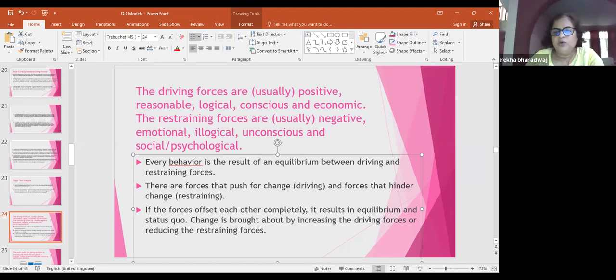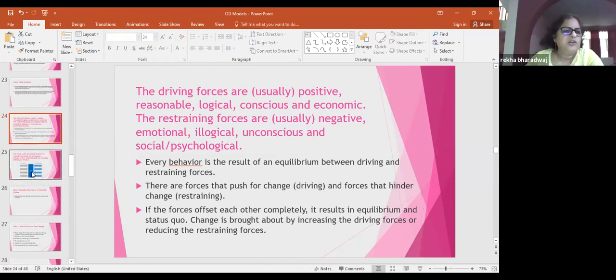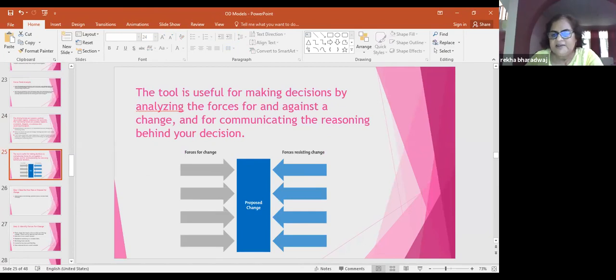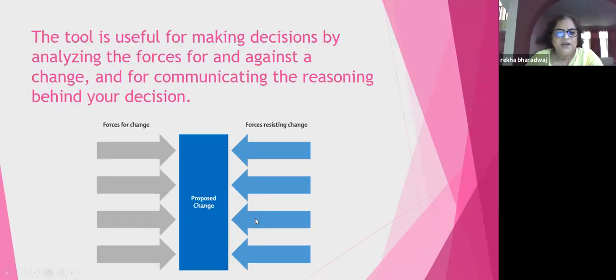So, if the forces outside offset one another, then the result is equilibrium and status quo. Change is brought about by increasing the driving forces or reducing the restraining forces. So diagrammatically, it is represented like this. So this is the tool for making decisions by analyzing the forces for and against change, and for communicating the reasoning behind your decisions.